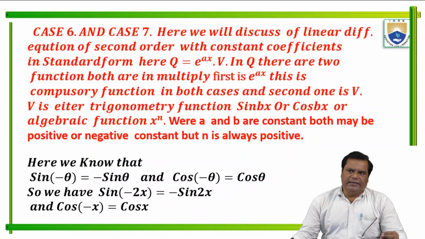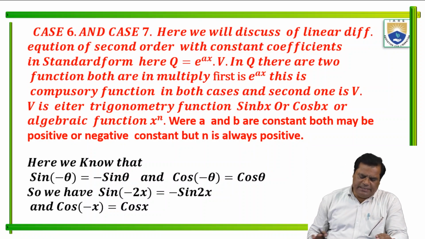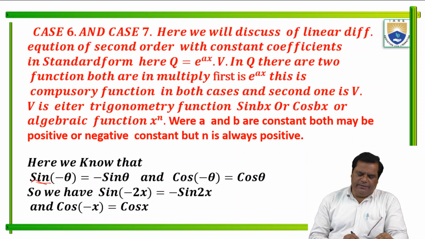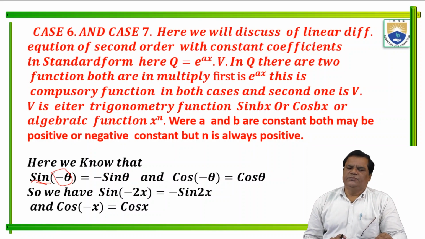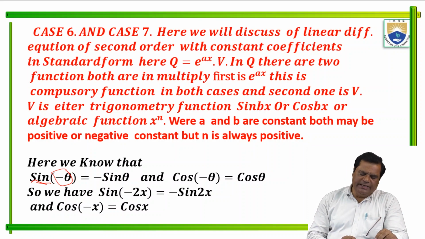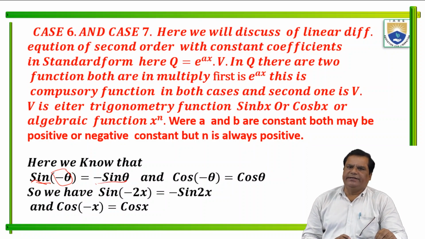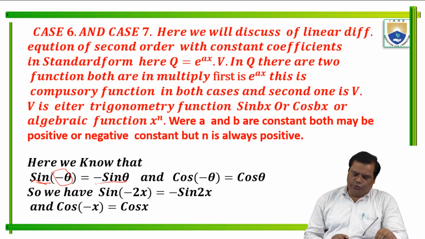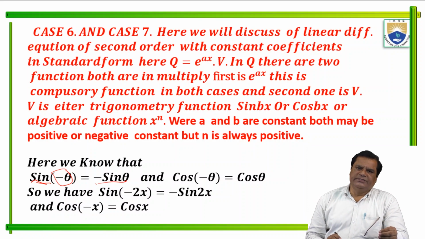So for sin bx or cos bx, how can we say that b may be positive or negative? We know that for the trigonometrical function sin, if the angle is minus theta, then sin of minus theta is equal to minus sin theta. So here b is a negative number.